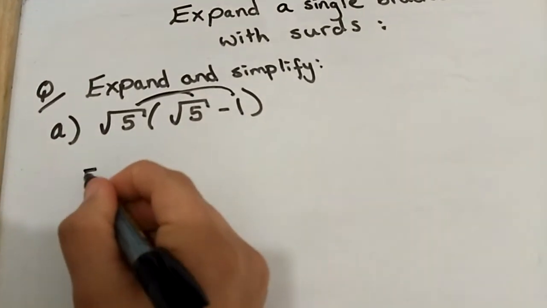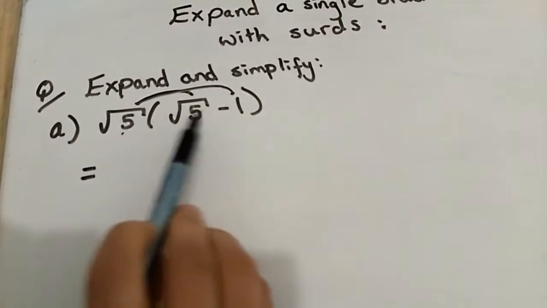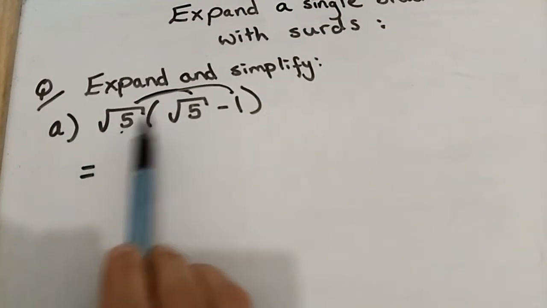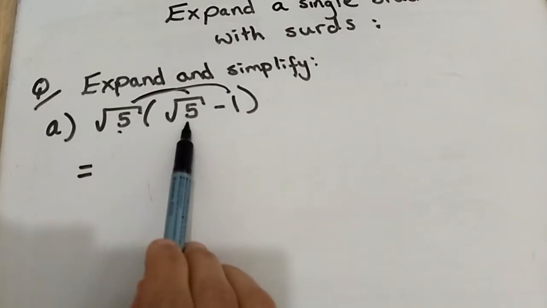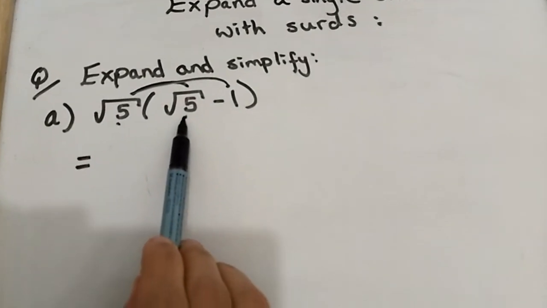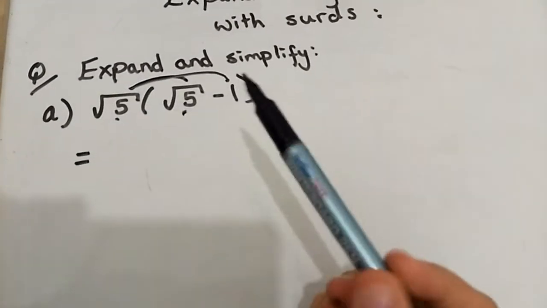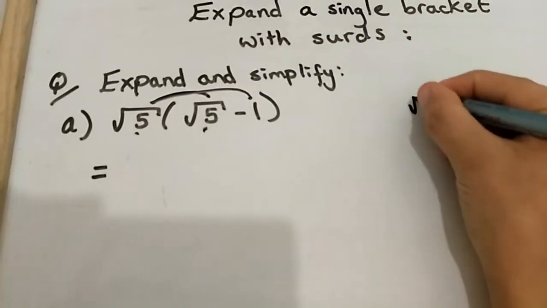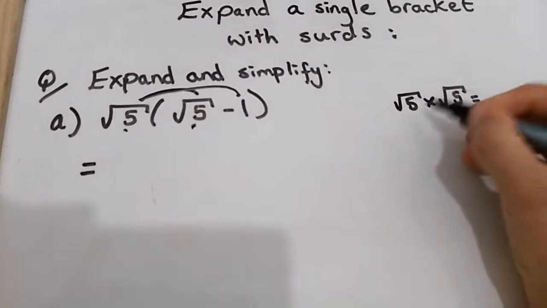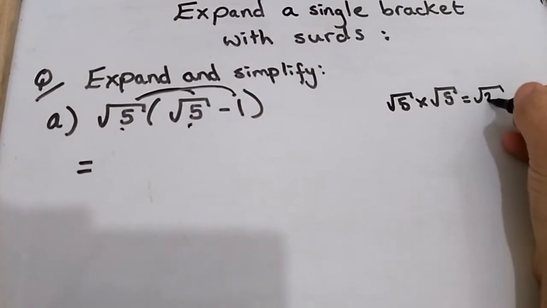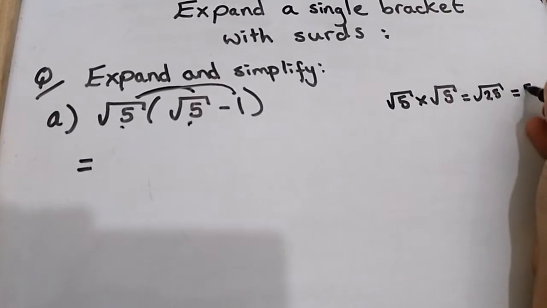Now, in my previous video about multiplying surds, we looked at a rule where if we multiply the same surd, so root 5 times root 5, we get 5. And the reason behind that, I'll just remind you: root 5 times root 5, remember 5 times 5 is 25, and the square root of 25 is 5.